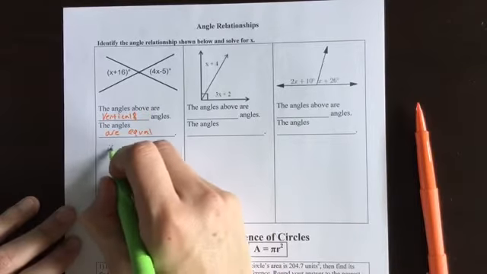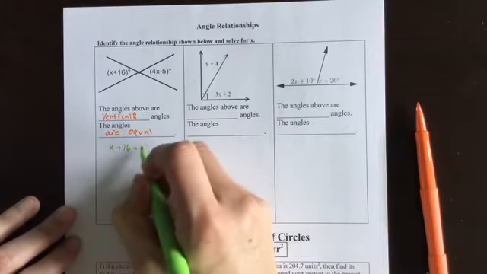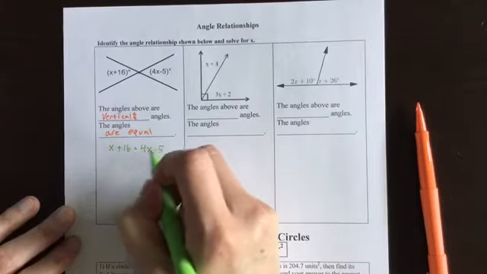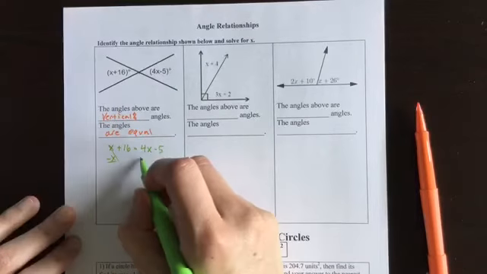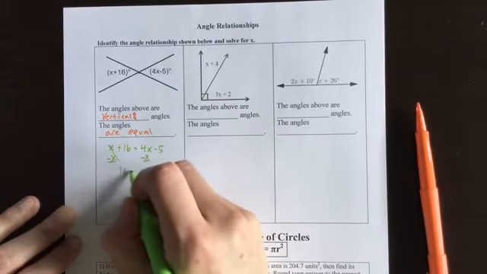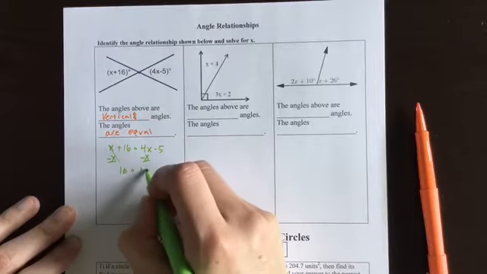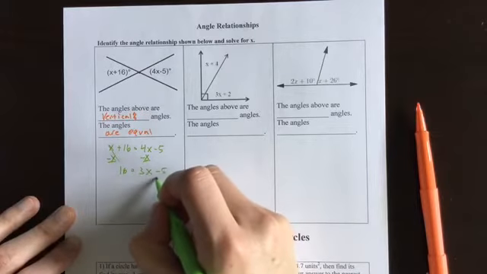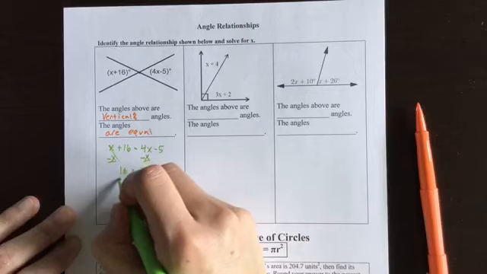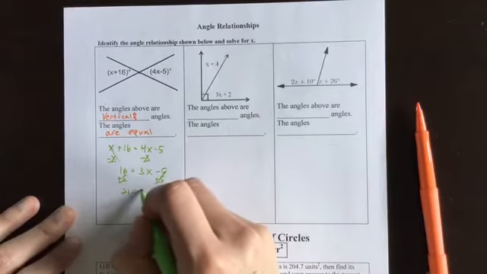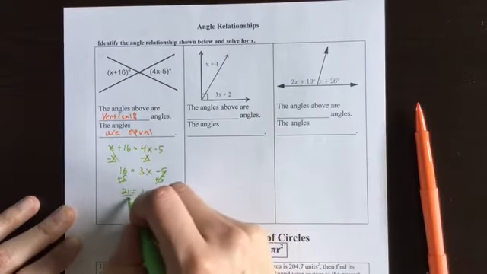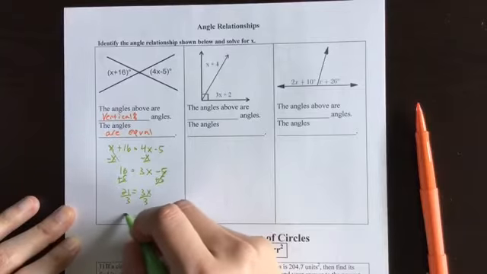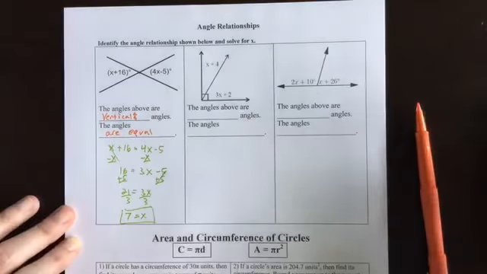So since they're equal, we can say x plus 16 equals 4x minus 5, and now just solve for x. So subtract x from both sides, we get 16 equals 3x minus 5, add 5, 21 equals 3x, divide by 3, and we get that x is equal to 7.